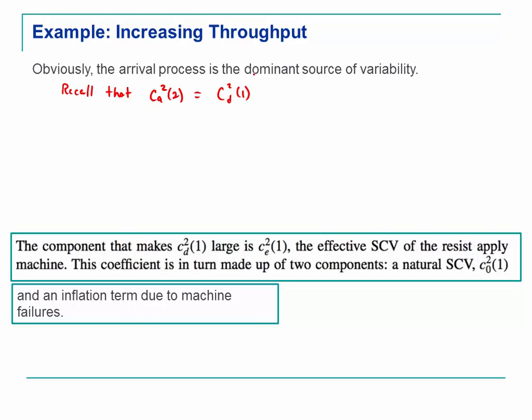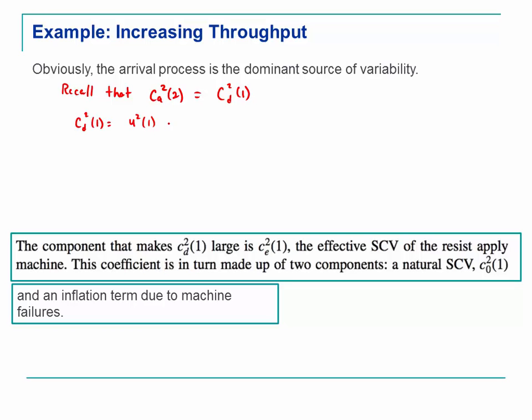Okay, because that's what's going from the first machine to the second machine. We know that CD squared of 1 can be computed by using this expression.